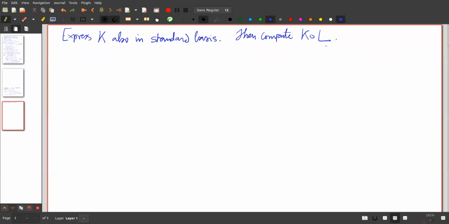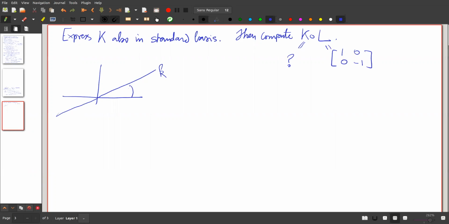L was 1, 0, 0, -1. Okay, and so you have to express this. Here is a suggestion. Take this line K and assume that this angle is theta.